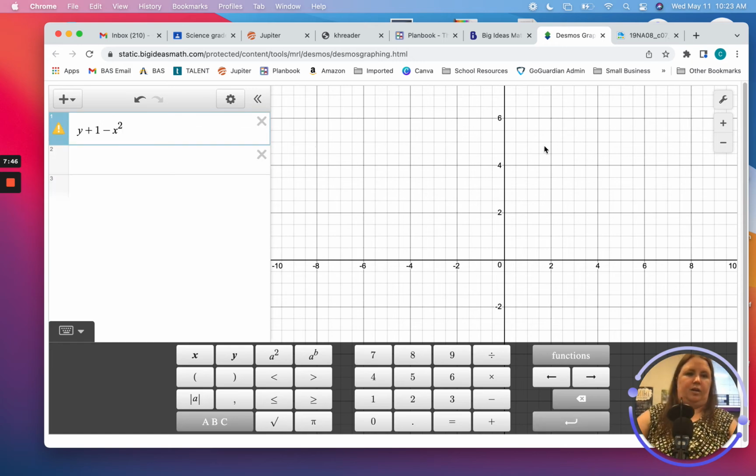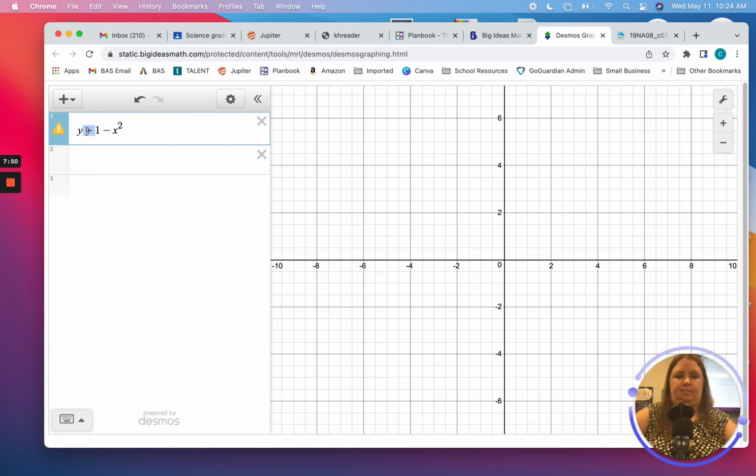Now how do I make it graph? Oh, thank you. See? Yes, go ahead. So see how it graphs it for you? By the way, this is the graphing calculator. Pretty cool.